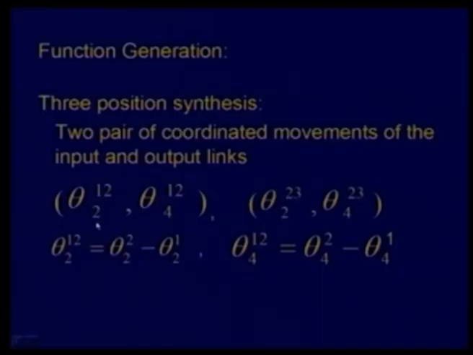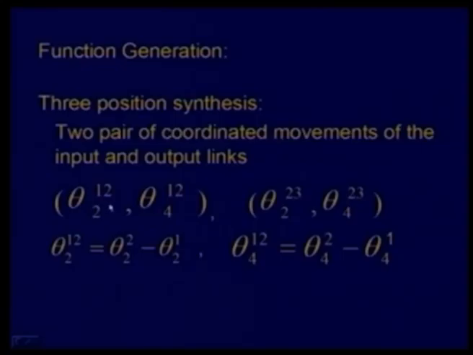theta 2 1 2 and theta 4 1 2, where theta 2 represents the orientation of link number 2, which is the input link, and theta 4 represents the orientation of link number 4, which is the output link. This theta 2 and theta 4 can be measured from some reference line, say the line of frame O2, O4.